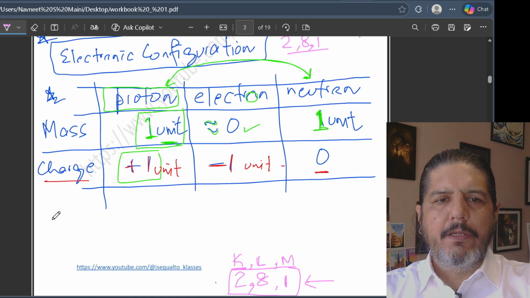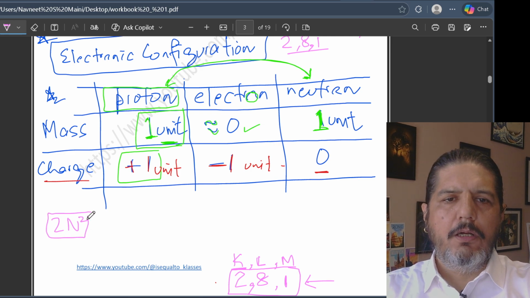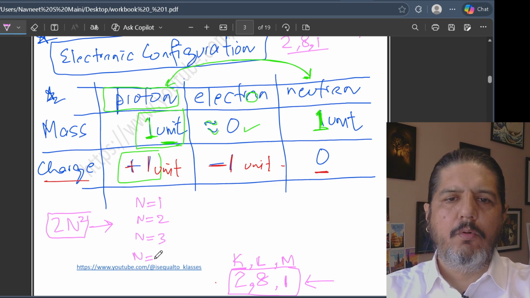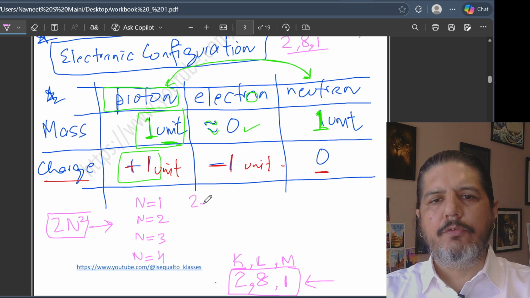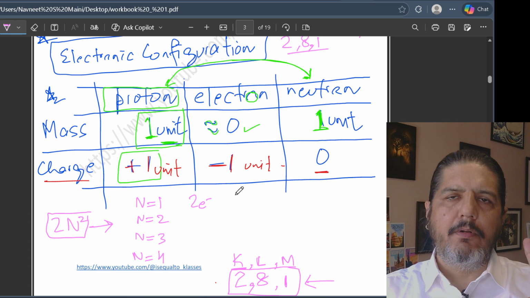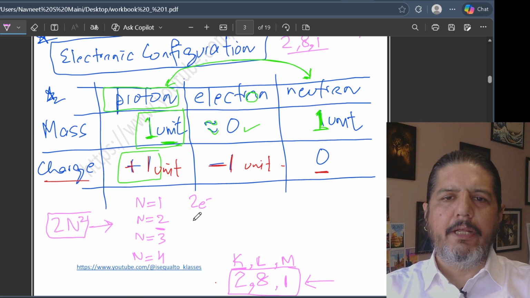So, for example, let me explain this in a bit of detail. First shell, second shell, third shell, fourth shell. First shell will have 2 electrons maximum. In the second shell, you can have 2 twos are 4, 4 twos are 8 electrons.